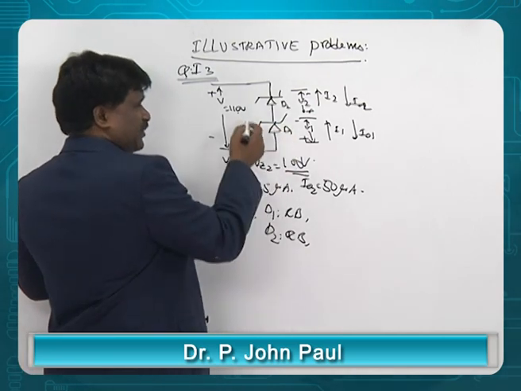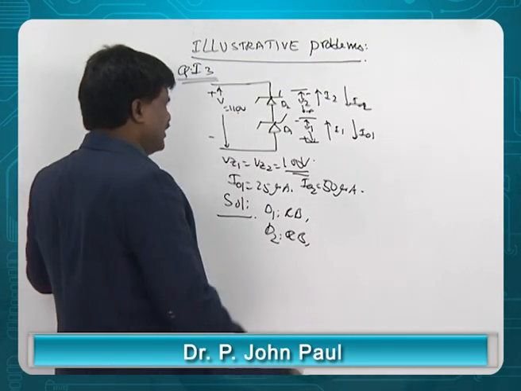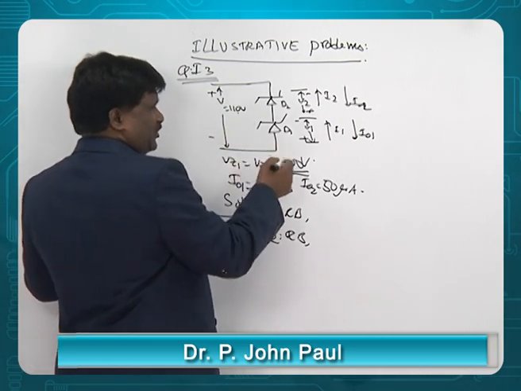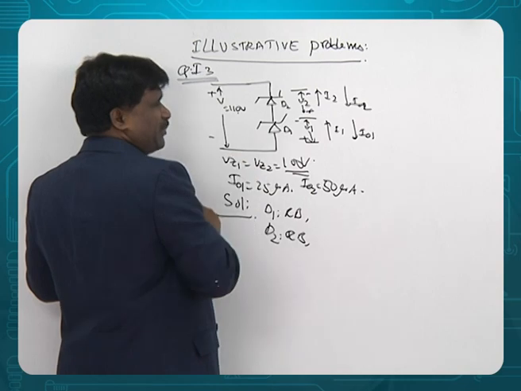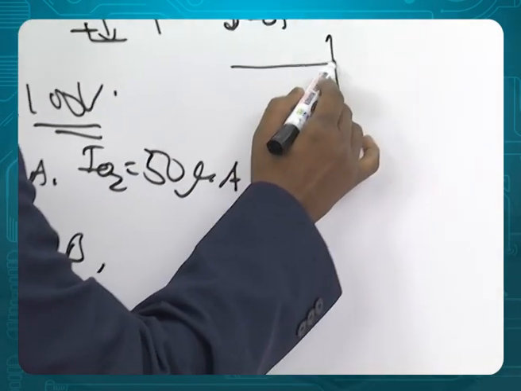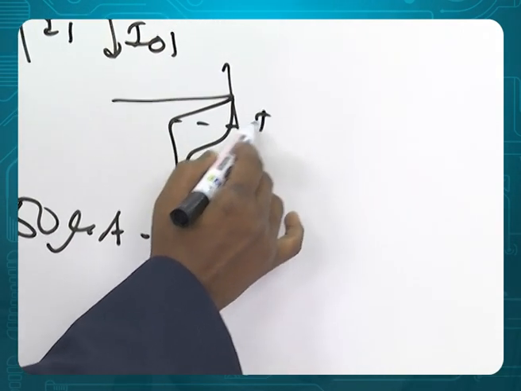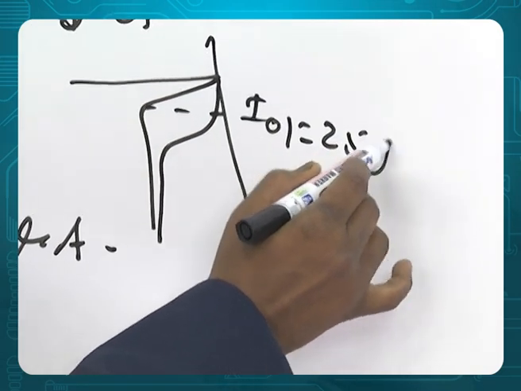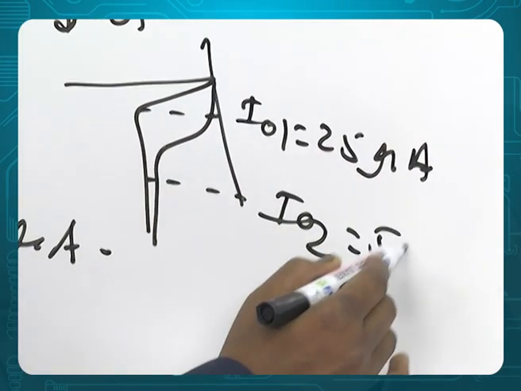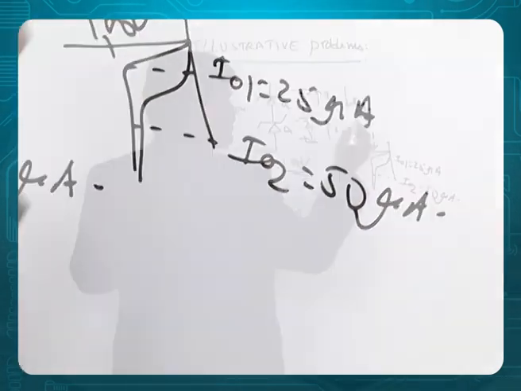For both of them to break down, you should give 200 volts. But you are giving only 100 there. Therefore, you have to think which one will break first. The reality is this. For example, you have a Zener diode like this, another Zener is like this. This is breaking at 25 micro, this is breaking at 50 micro, and both the voltages are same.